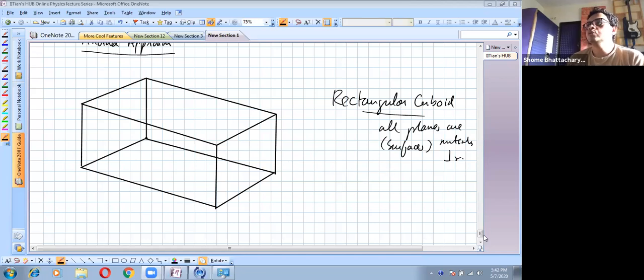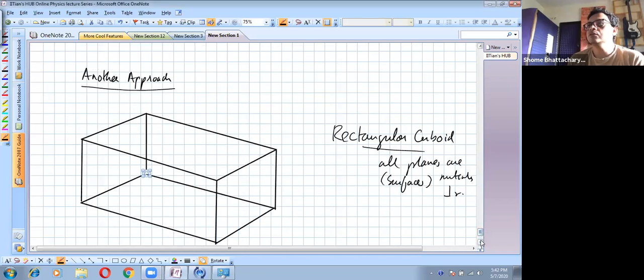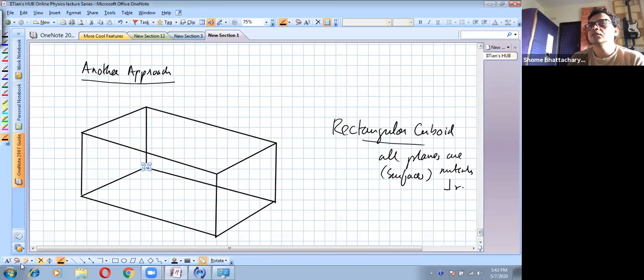Coming back to another way to visualize my three-dimensional system. It's something like this.